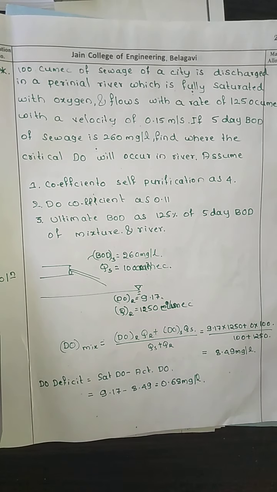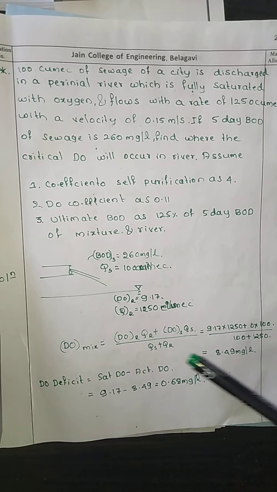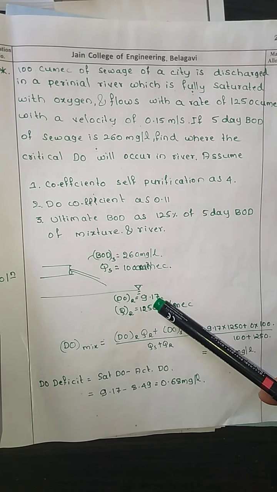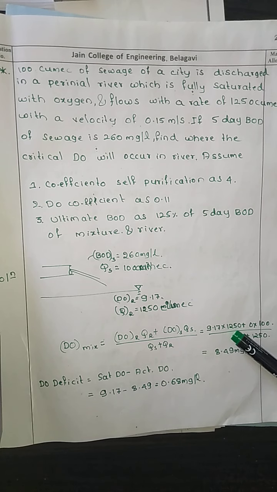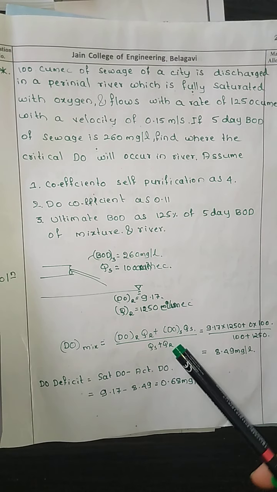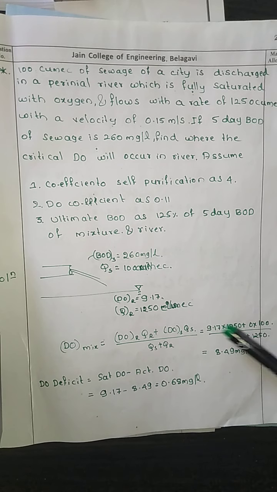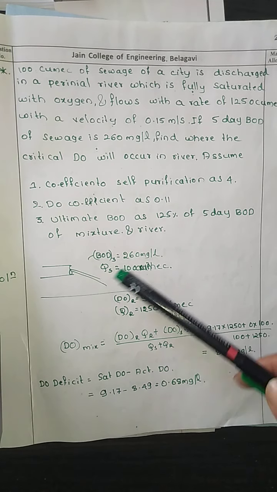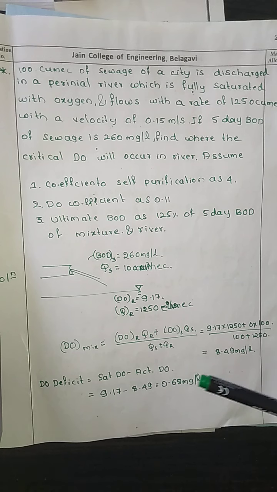Now our first duty is to find the DO of the mix and D0, then the BOD of the mix and the corresponding L0. So DO of the mix is DOR into QR. DOR is 9.17, QR is 1250, plus DOS. The DO of the sewage is not given, so we take it as 0.